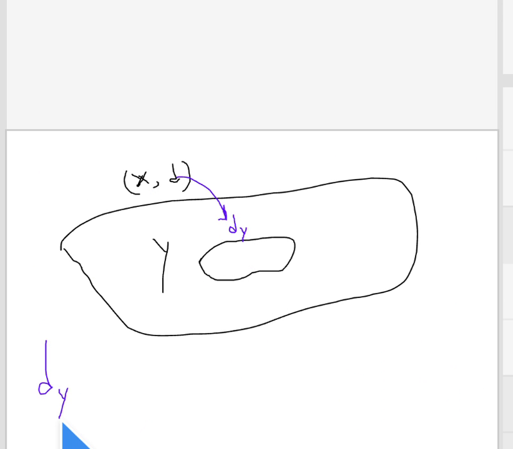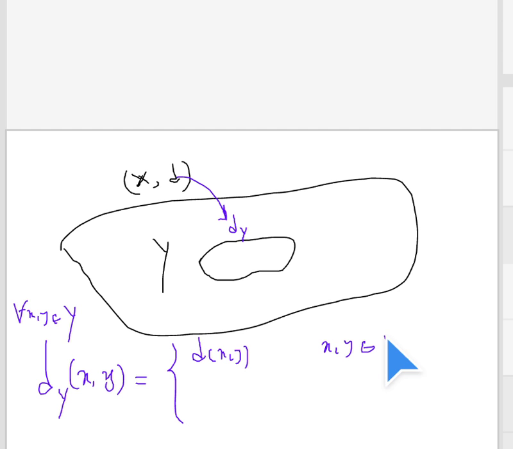What is d_Y? d_Y(x, y) for every x, y belonging to Y is defined as follows: it is d(x, y) if x, y belong to Y, and 0 if x, y is not in Y. Indeed, if it is x and y, then they are d(x, y), but if it is outside, then it is 0.